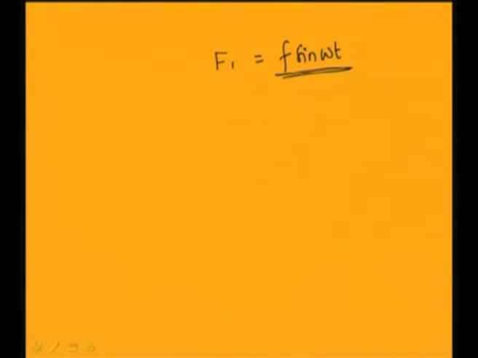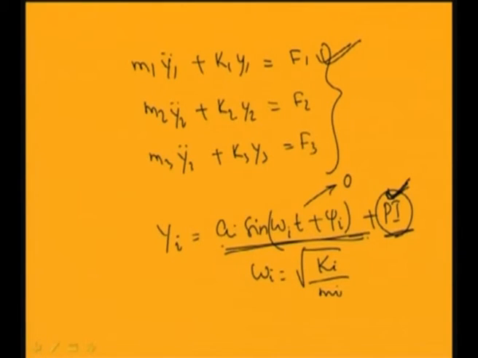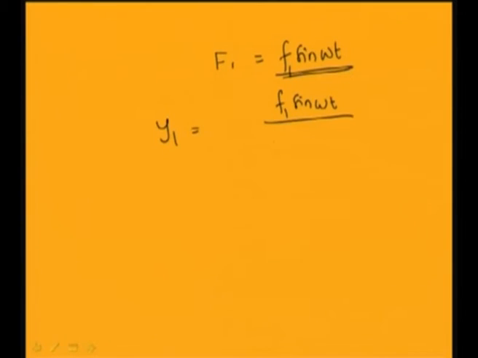So in this case, if it is f sin omega t, then y1 will be equal to f1 sin omega t divided by m1 d square plus k1, which is the particular integral. Here d square can be substituted by minus omega square.